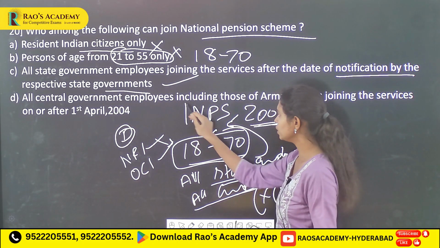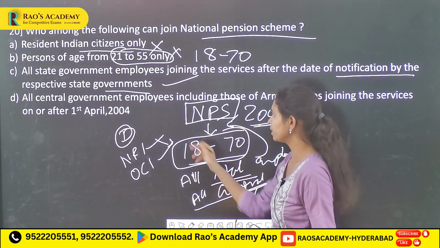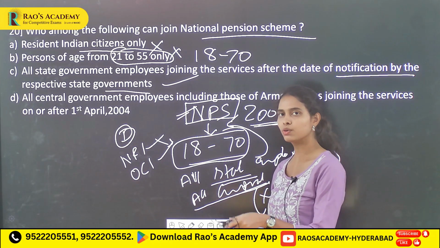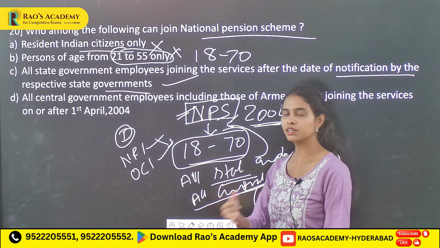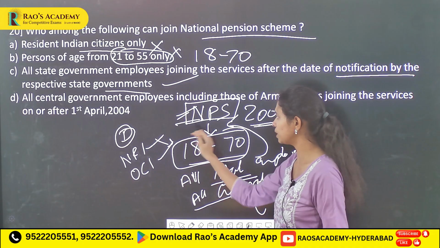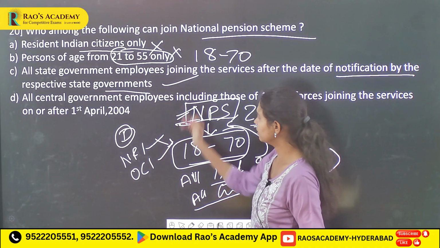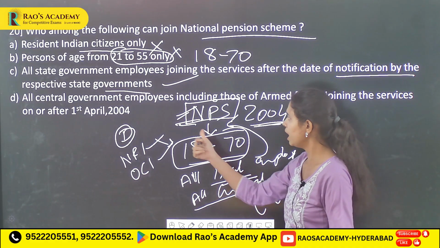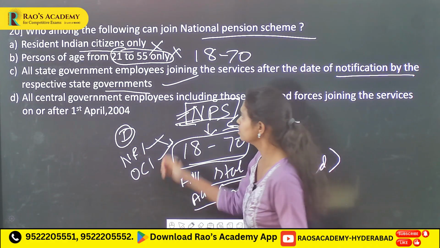After the union government releases a notification with regard to this scheme, all the respective state governments will also release their own notification of this particular scheme. So all such state government employees can avail under the state NPS. So C is also a correct one.